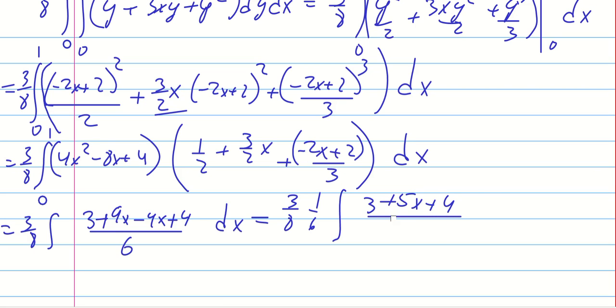Divided by, oh, we've factored 1/6 out, so this would be our function, dx, right? But we also have 4x squared minus 8x plus 4. I forgot this term, sorry. So let me go back for a second and fix this up.